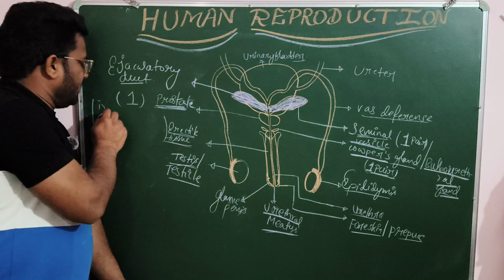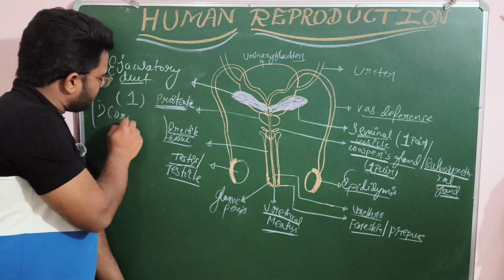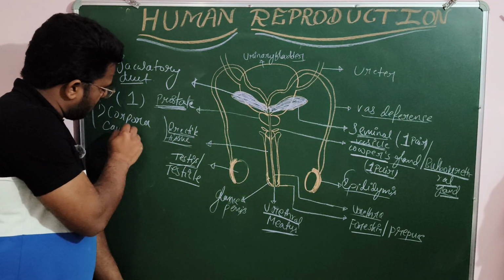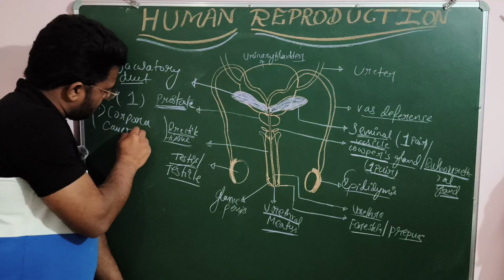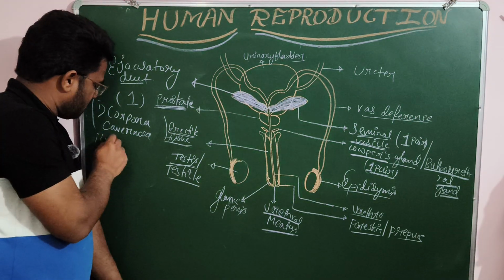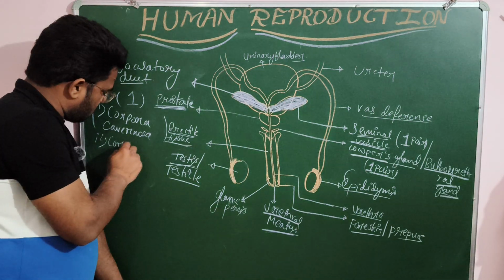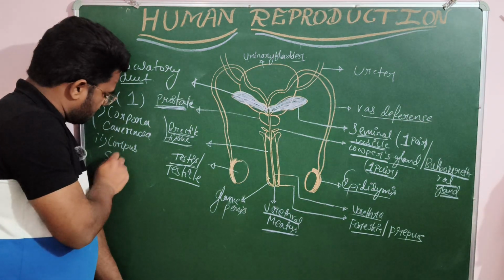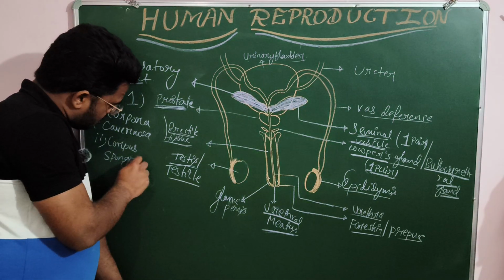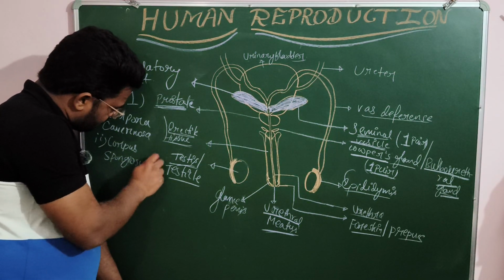The first tissue is corpora cavernosa, and the second one is corpus spongiosum.